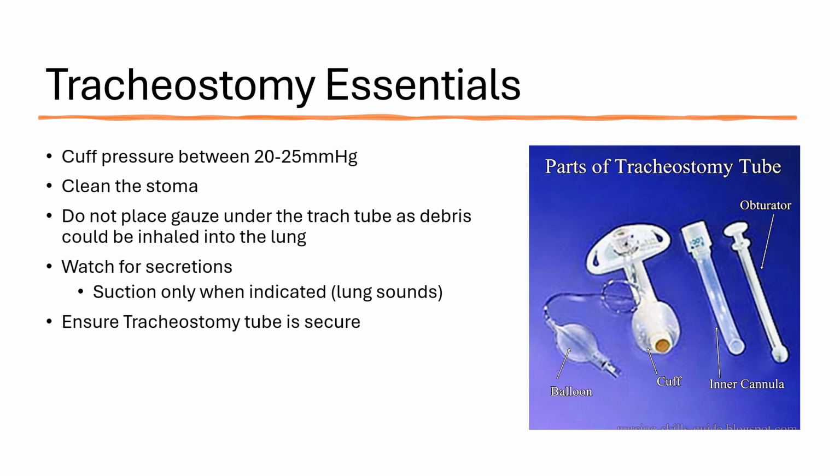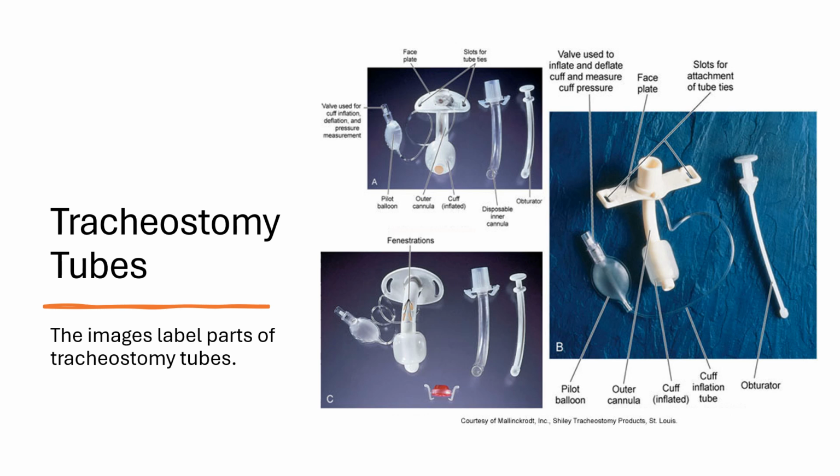I always do it based off assessment and I talk to my respiratory therapist, because if they just suctioned my patient, I don't want to go in there and over suction them. Ensure the tracheostomy tube is secure, so make sure you're looking at those tubes. And this is just several pictures of them labeled.